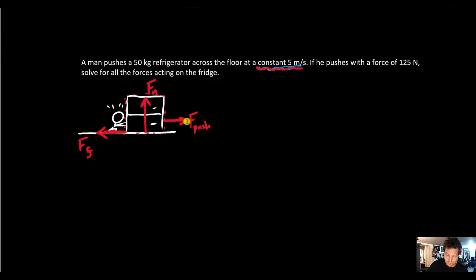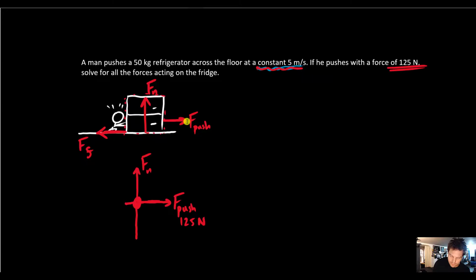And so when I go to draw my free body diagram for that fridge, I have a normal force that's going perpendicular to the ground. I have a force of push, and that's totally horizontal. It also told us that he's pushing with a force of 125, so we know this is also 125.